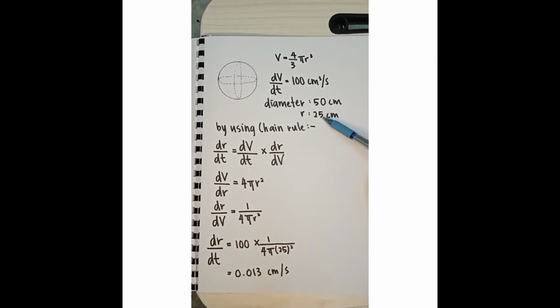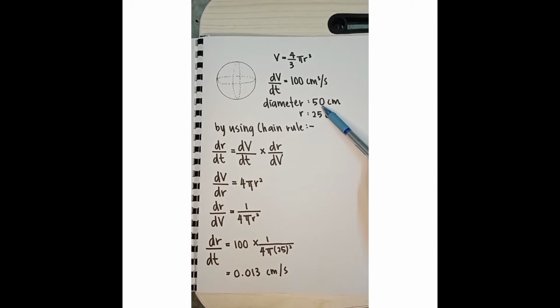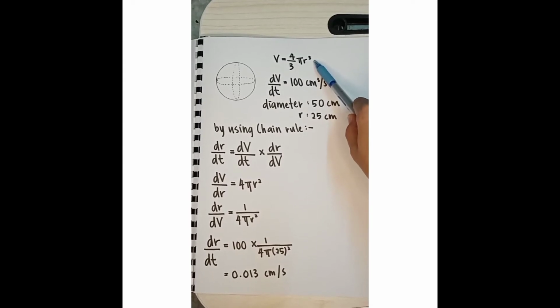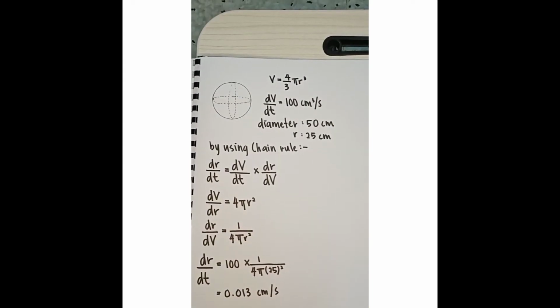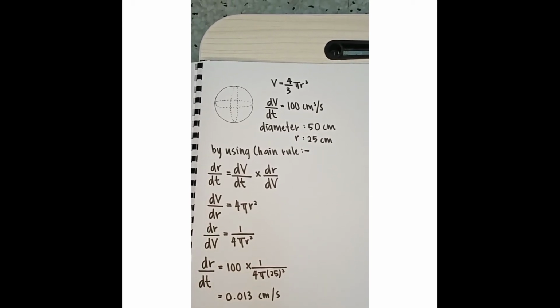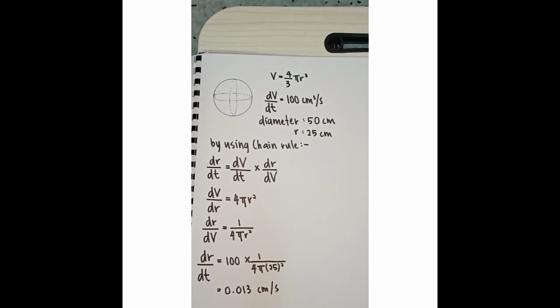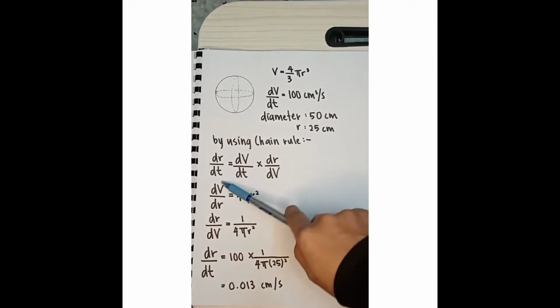To see how these values relate, we need an equation that relates V and r, which is the equation for the volume of a sphere, V equals 4 over 3 pi r cubed. We need to find how fast the radius is increasing when the diameter is 50 cm, which we can compute as dr over dt.